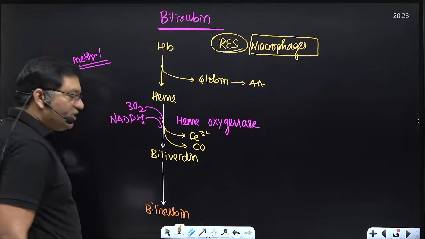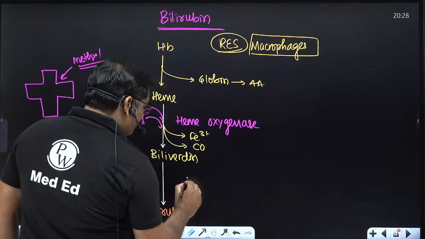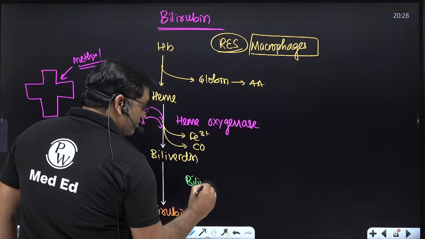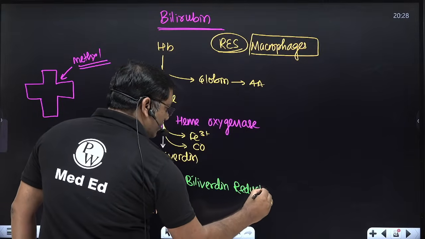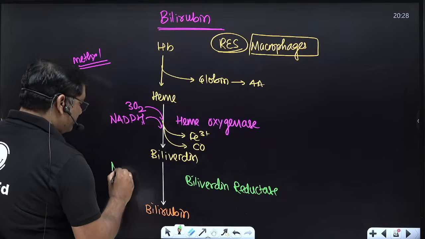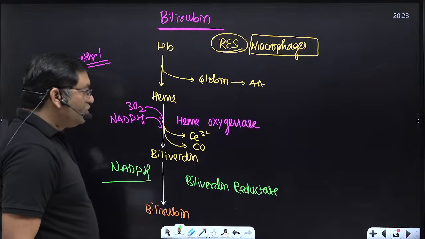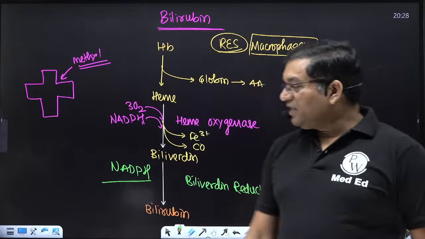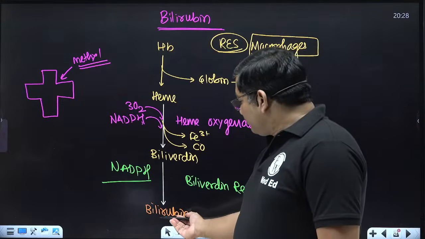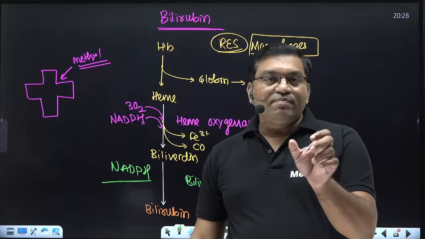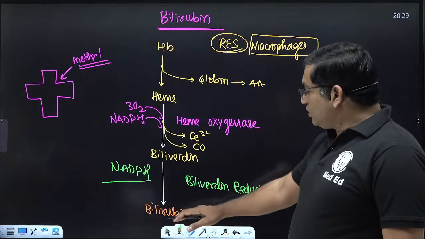Here the enzyme is biliverdin reductase, an NADPH dependent step, where biliverdin is converted into bilirubin. The methynyl bridge in between the third and fourth pyrrole rings is converted into a methylene bridge in the bilirubin molecule.